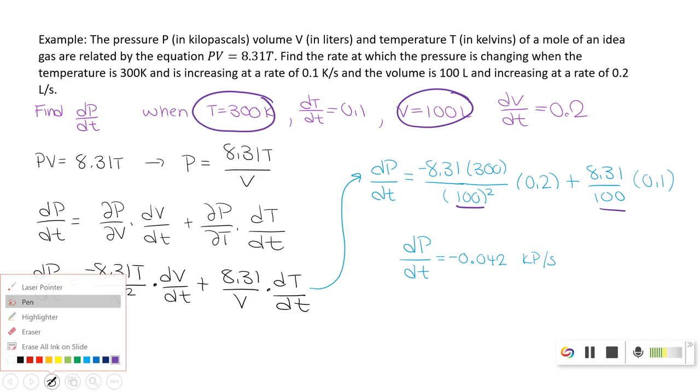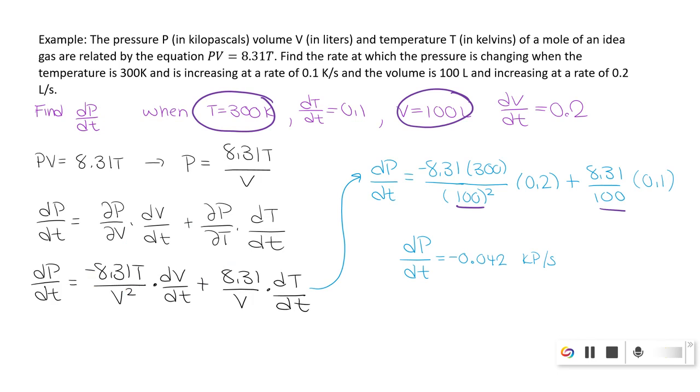And they did also give us the dV/dt. dV/dt was 0.2, and how temperature is changing with time is the 0.1. And so I can just go ahead and plug all of those numbers in, use my calculator to finish this, and there's my final answer, negative 0.042 kilopascals per second.